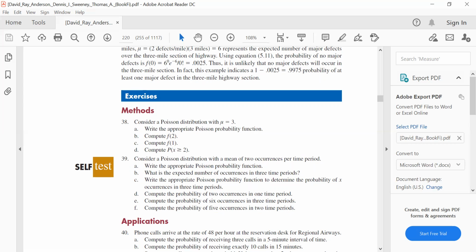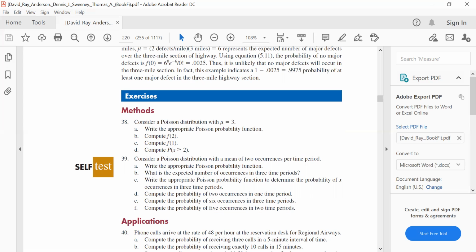Part D. Compute the probability of 2 occurrences in one time period. So remember, we will use the one time period Poisson probability function.